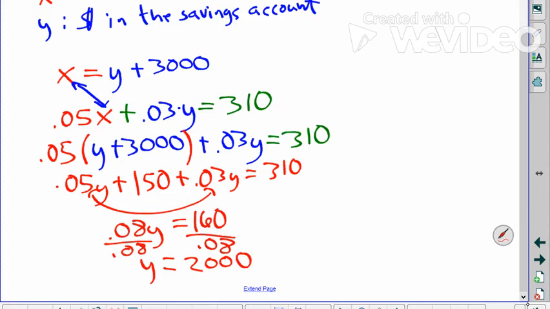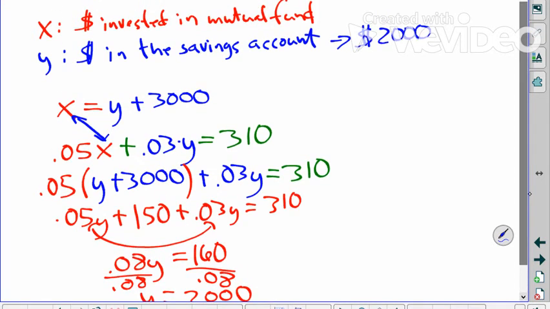Okay, so y is 2,000. Y stood for the amount of money in the savings account. So his savings account money, he has $2,000 there, and x is y plus 3,000. So 3,000 onto that means that he here has $5,000 invested in the mutual fund.